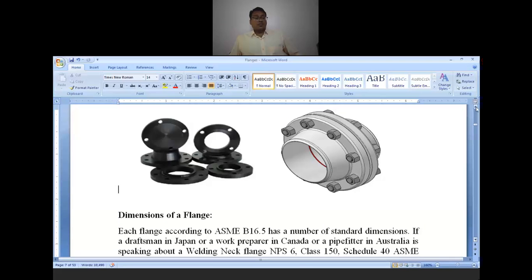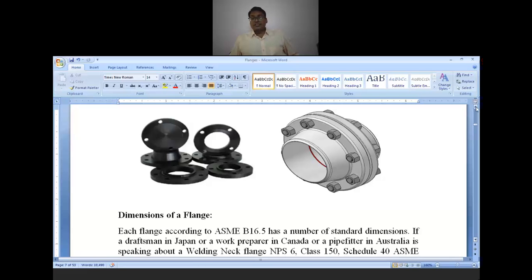Then coming to the dimensions of the flanges. The flanges are fabricated with certain specifications. You can have the standard flanges and the non-standard flanges.